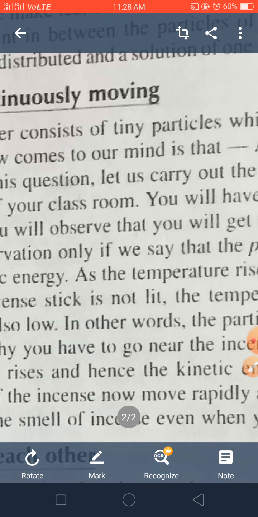This indicates that once we light the stick, the particles of matter get enough energy, or we can say the temperature of the matter particles increases, so the smell comes at larger distances.